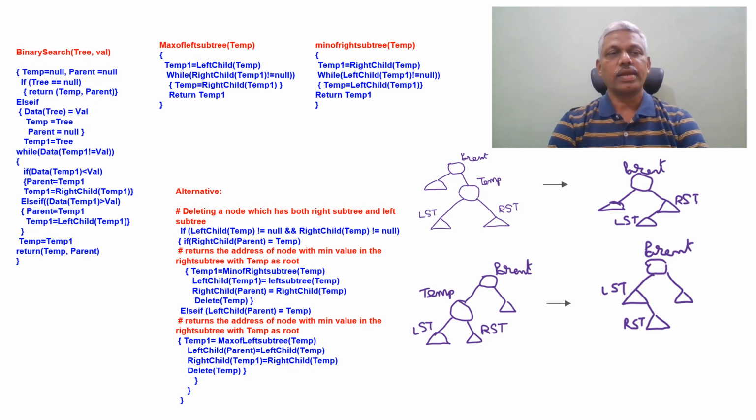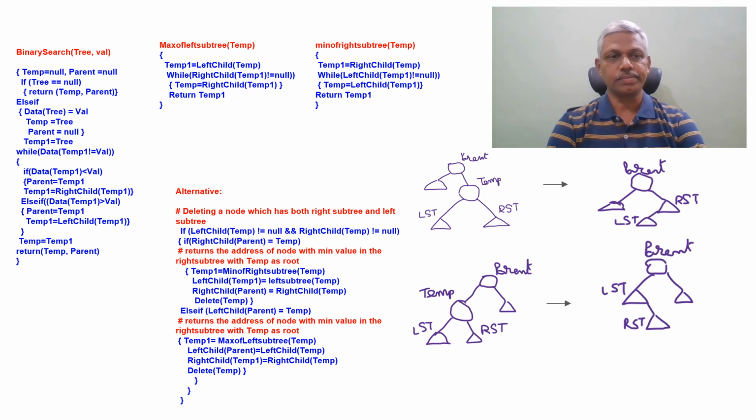Else if data of tree is equal to val, that means the root node itself has the value, then temp is equal to tree, parent is equal to null, temp1 is equal to tree, and we can return those values. While data of temp1 not equal to val, we need to traverse. If data of temp1 is less than val, that means val is on the right subtree, parent is equal to temp1, temp1 is equal to right child of temp1.